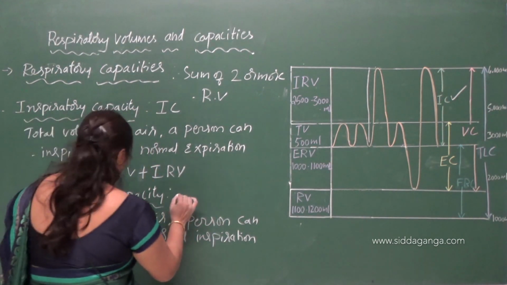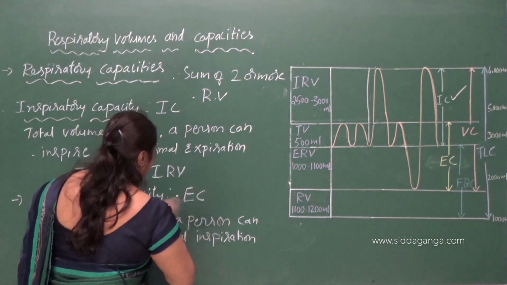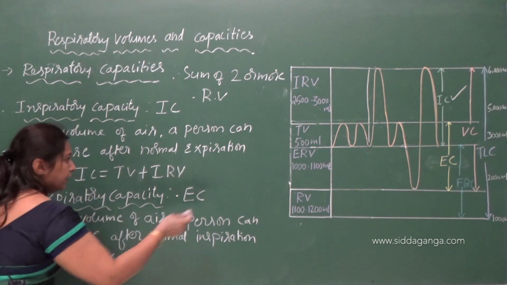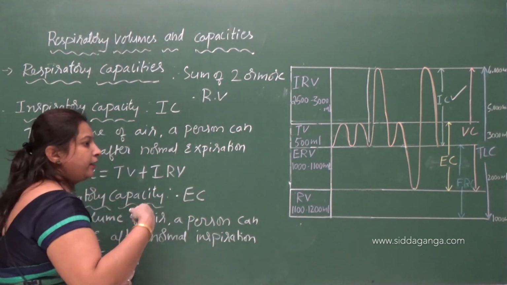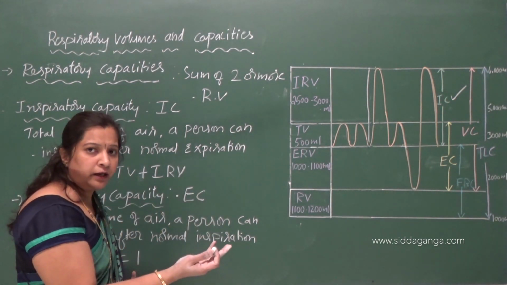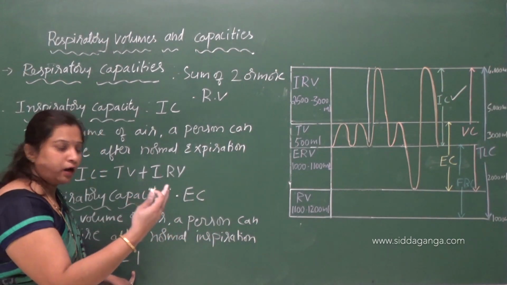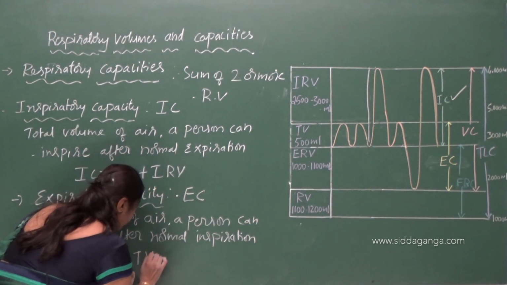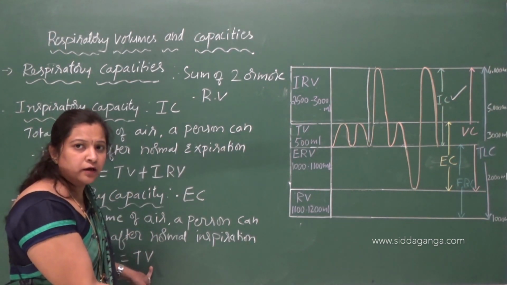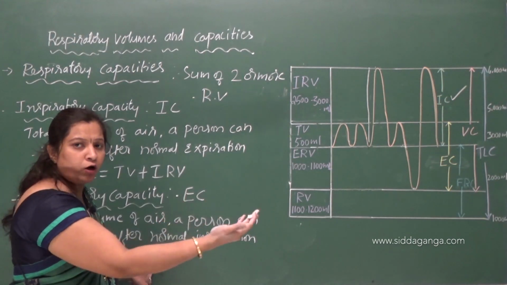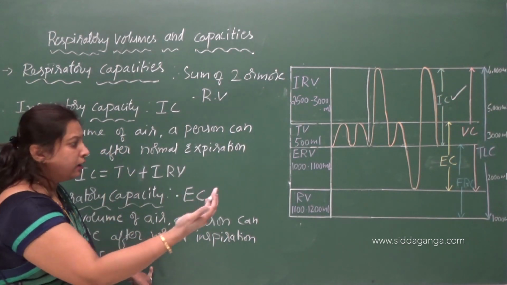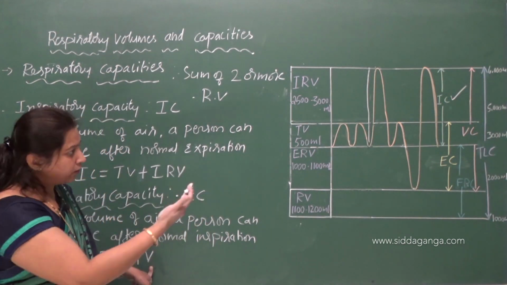So what is the short form? Expiratory capacity, EC. Okay. So EC is again TV. If we expire after normal inspiration, if we exhale normally, how much volume of air do we expel out? That is 500 ml, that is tidal volume. Further, if we expire forcefully, we are able to expel some extra volume of air, that is 1000 to 1100 ml of air apart from 500 ml.